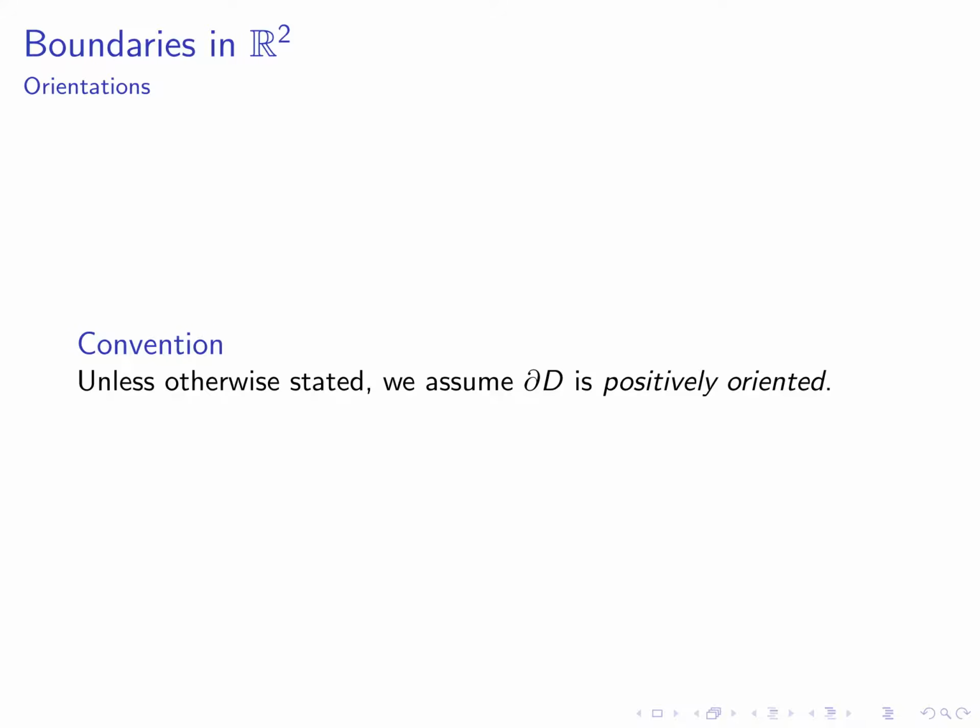So the convention that we will always assume whenever we're discussing two-dimensional domains is that the boundary curve is positively oriented. So whenever we are studying a two-dimensional domain, we will always assume that the boundary of that domain has the positive orientation.